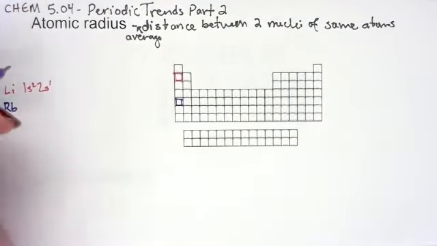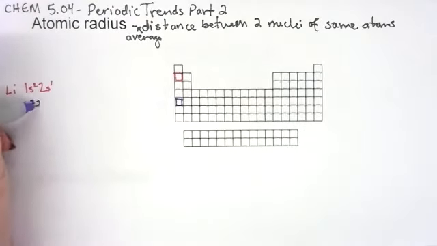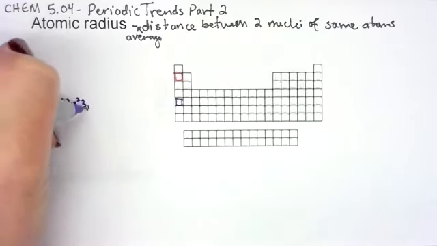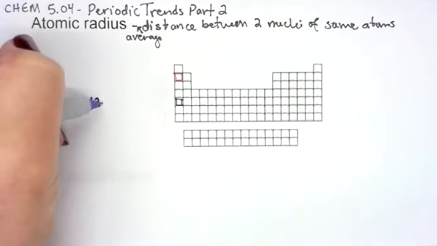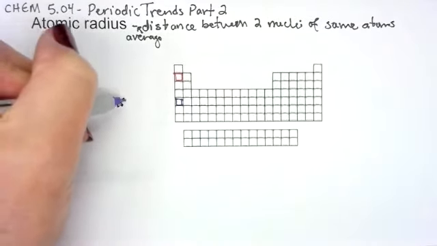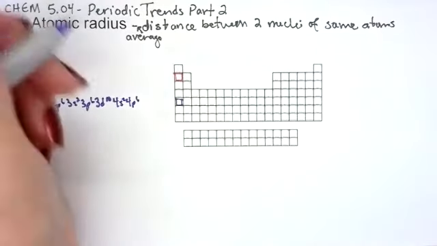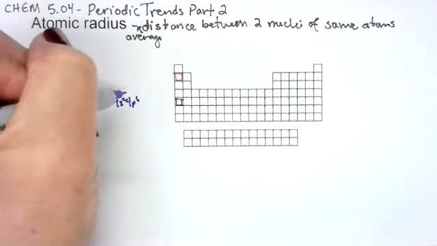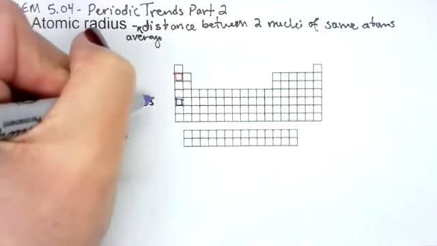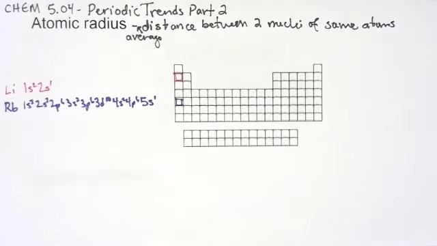Rubidium is 1s2, 2s2, 2p6, 3s2, 3p6. It would actually be 3d10 and then 4s2, 4p6, and then we go to 5s1. Well, think about it.